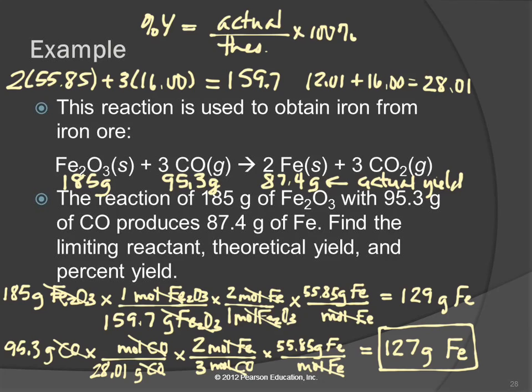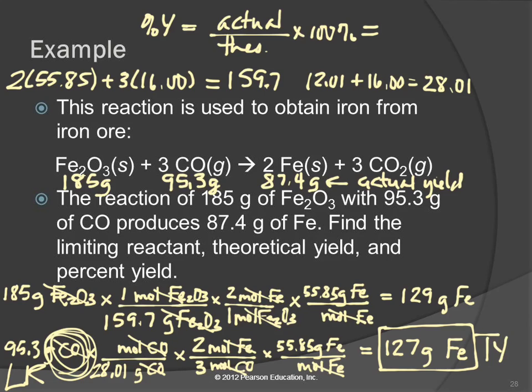That seems a little counterintuitive to some types of brains, and so you just need to think about it and work around until it makes sense to you. That's the theoretical yield. It's asking for a limiting reactant, so that's this guy over here, carbon monoxide. And now we have the information we need to calculate the percent yield.